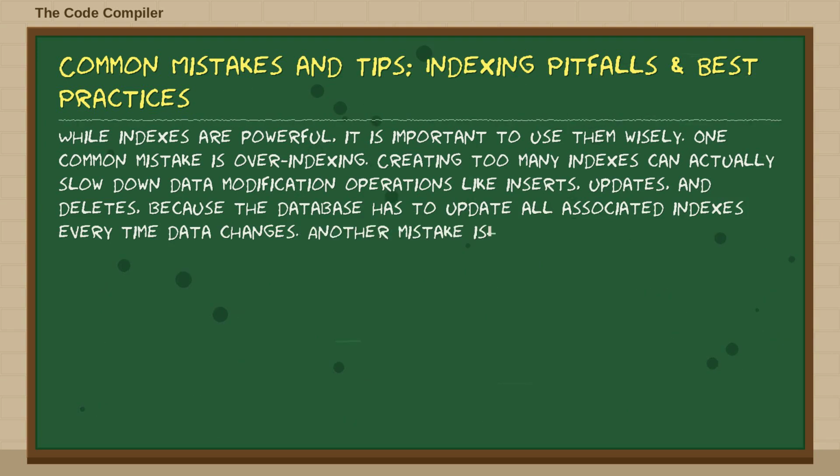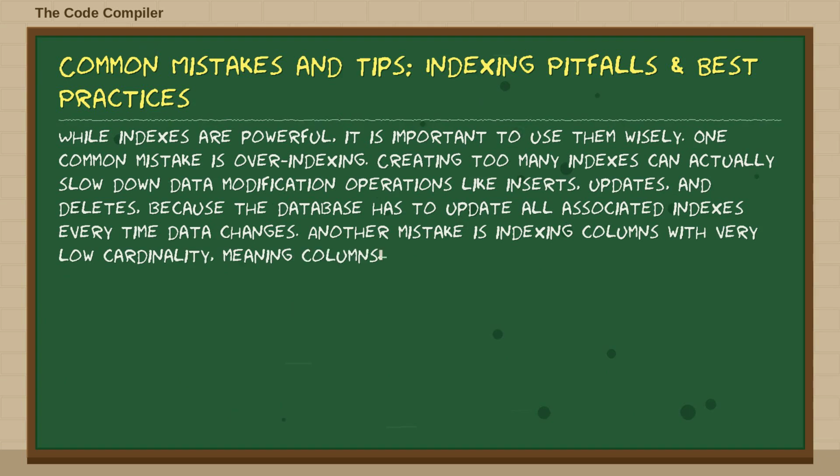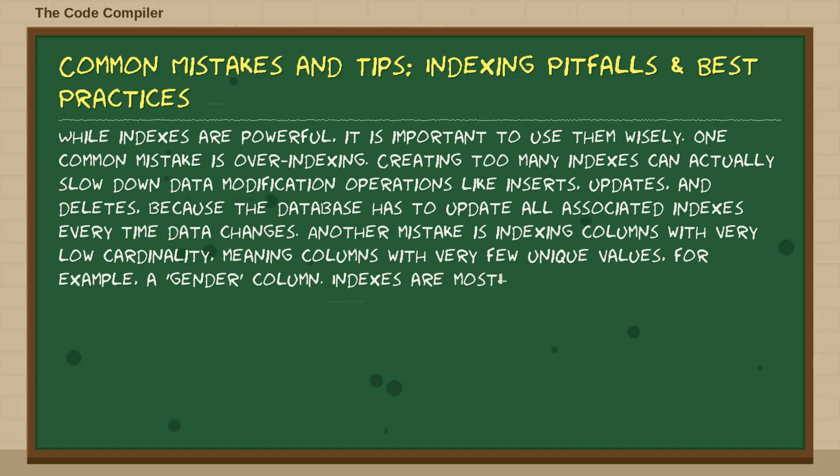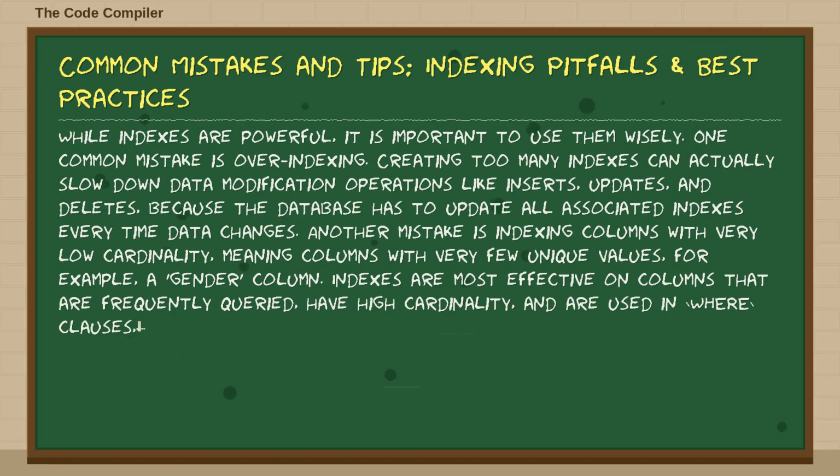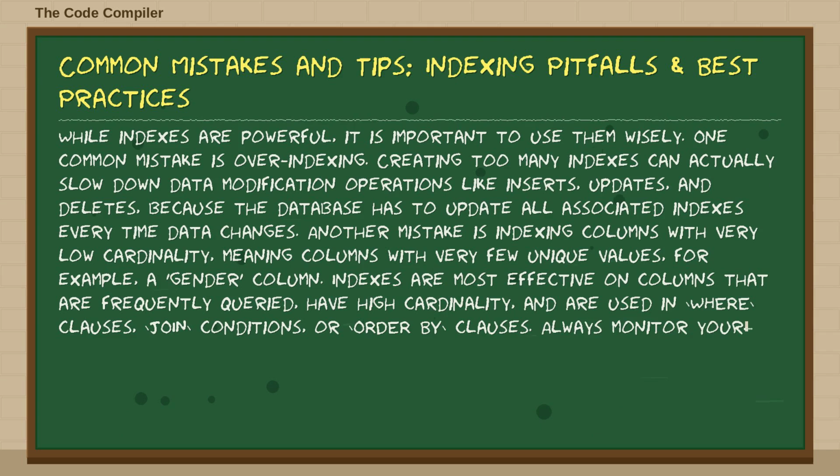Another mistake is indexing columns with very low cardinality, meaning columns with very few unique values, for example, a gender column. Indexes are most effective on columns that are frequently queried, have high cardinality, and are used in where clauses, join conditions, or order by clauses.